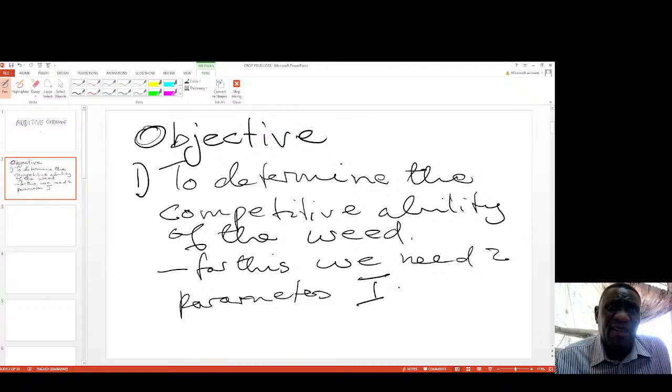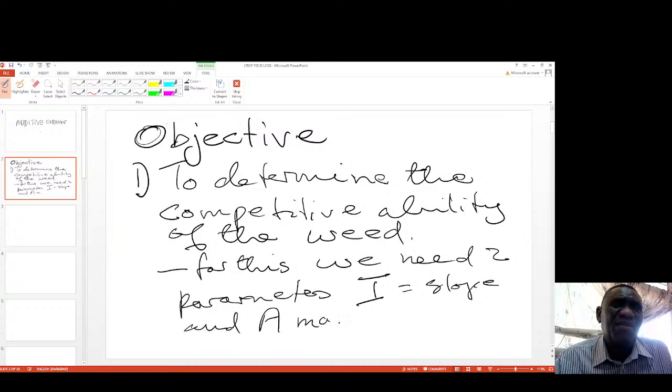I, which is the slope, and A, which is the maximum crop yield loss.